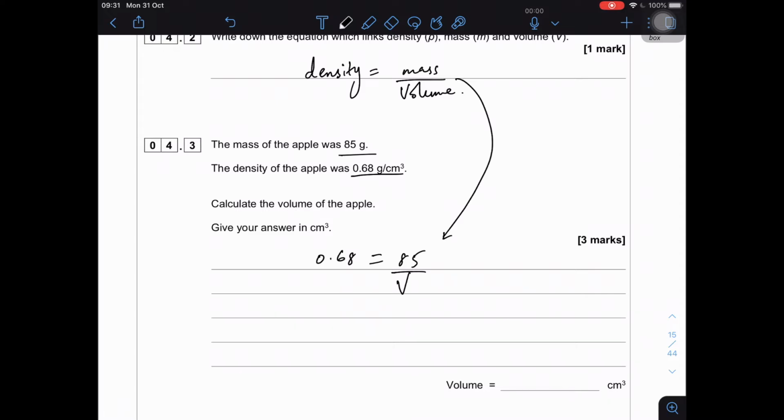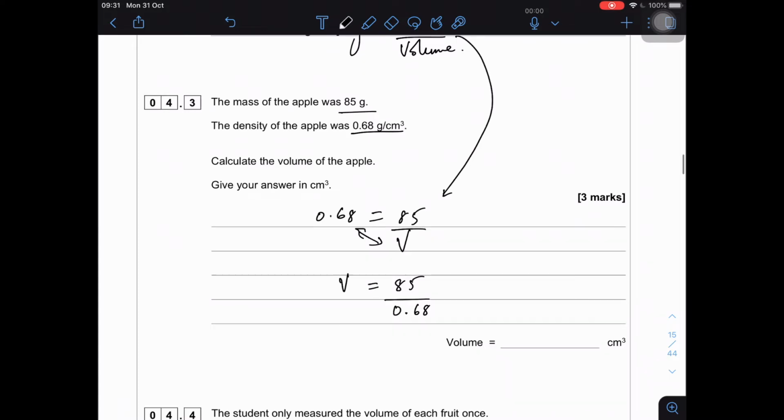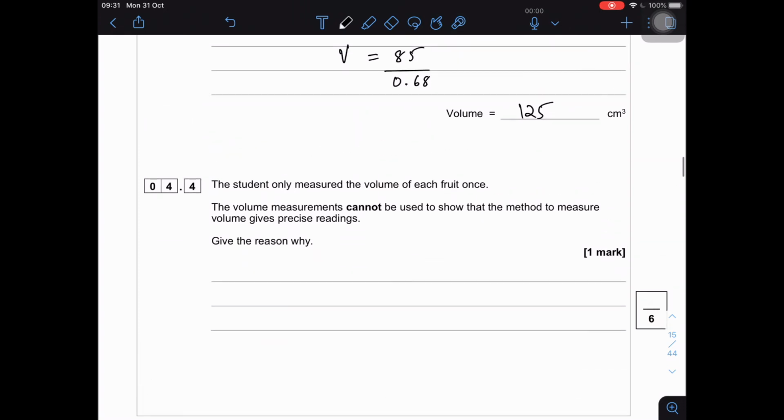We need to work the volume out. Essentially, it's a quick math trick. If you come into this situation, you just swap these. So V equals 85 divided by 0.68. You will get the answer, which is 125 centimeters cubed. There you go. That's your answer.